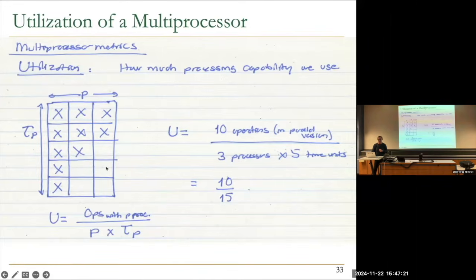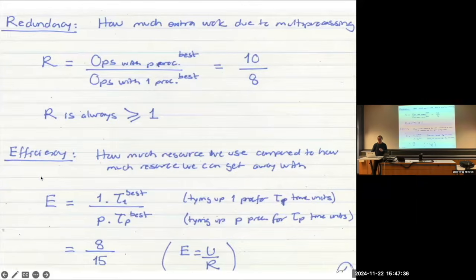So these are kind of not used. You could allocate them to a different thread, but you need to know that they're done. That's good to know. How do you know they're done, right? So this is the load imbalance problem, as we have seen earlier, right? So this simple example gives us a lot of problems. So redundancy is operations with the P processors, in this case 10, over operations with one processor, as we have seen, 8.